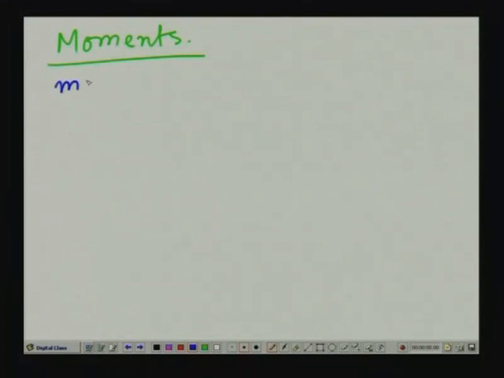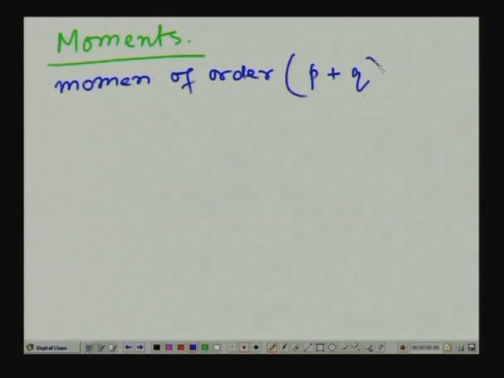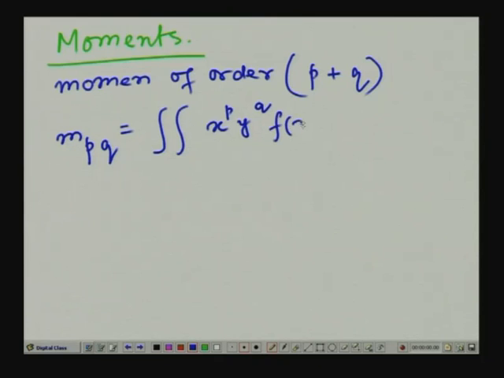So, a moment of order p plus q is defined like this. We have m p q, which is given by the integral of x to the power p, y to the power q, f x y, dx dy, where f x y is the normalized gray level image.